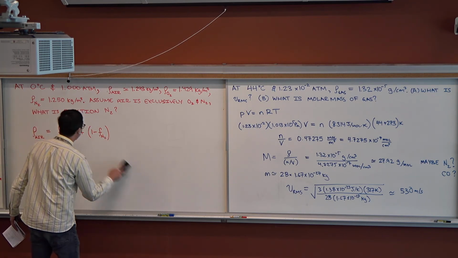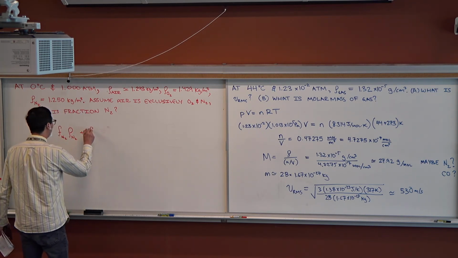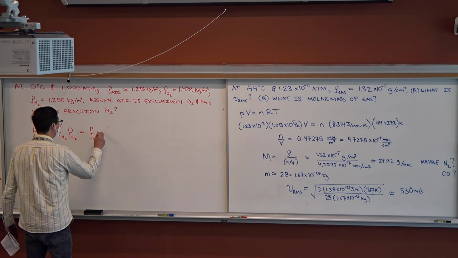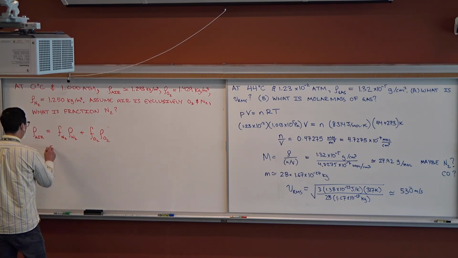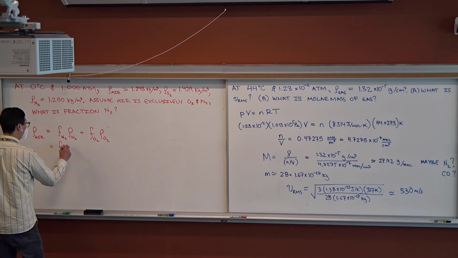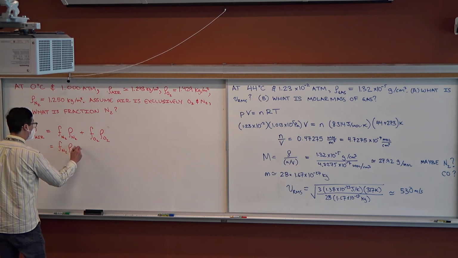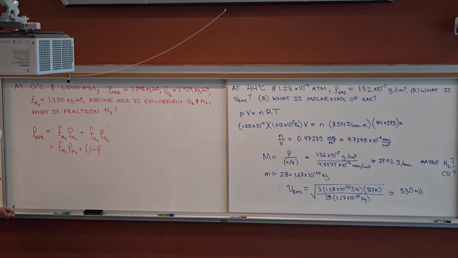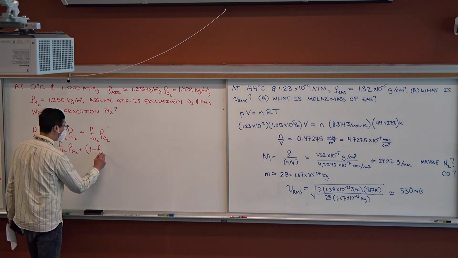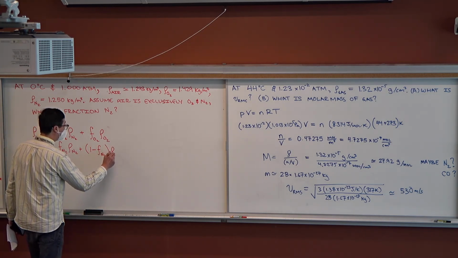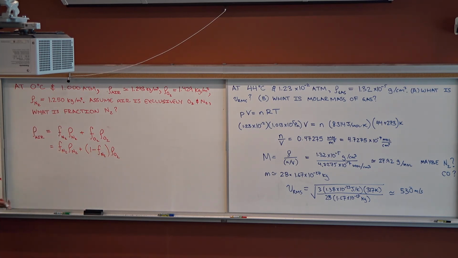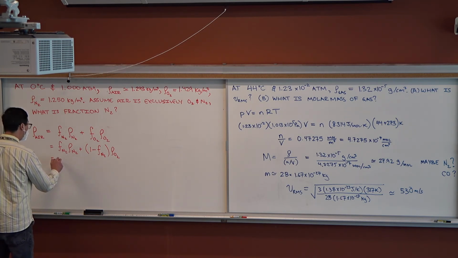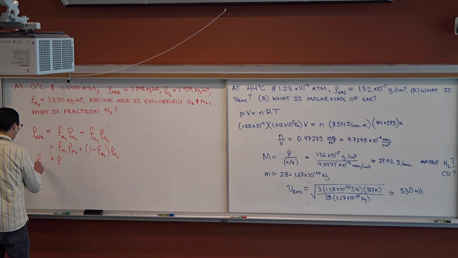I guess I could have done this in steps. FO2 times rho O2, but FO2 is going to be 1 minus Fn2. And so now we can plug in, maybe multiply out just to make our lives a little happier.